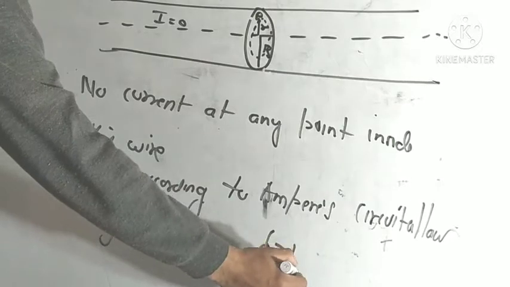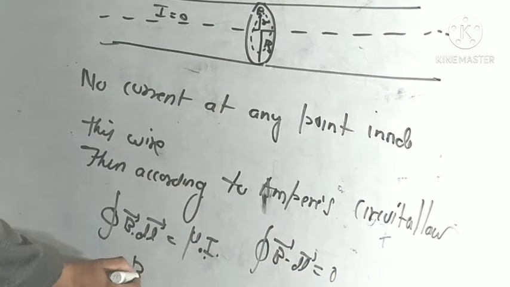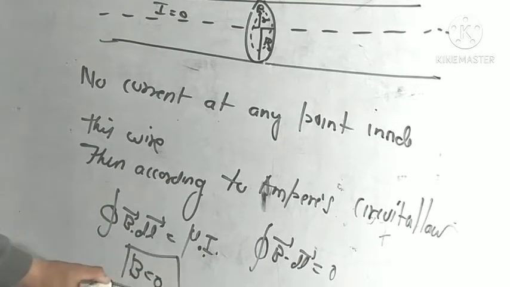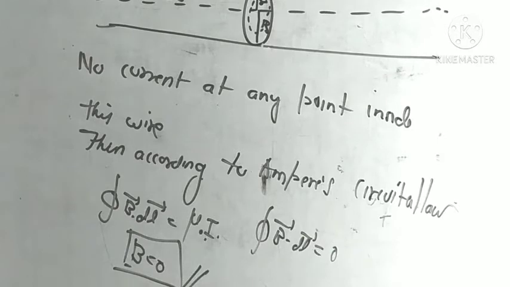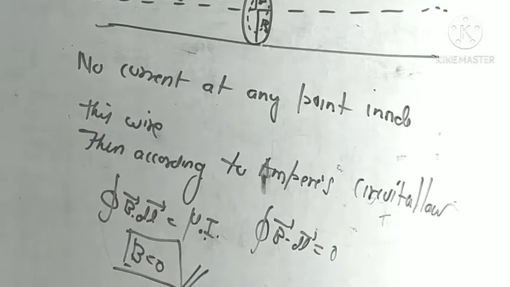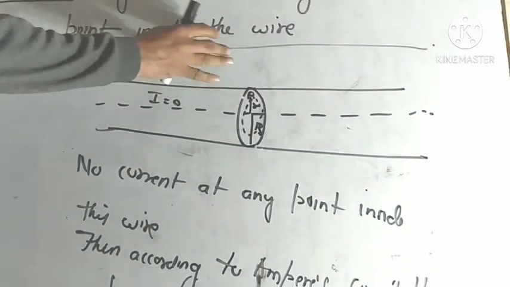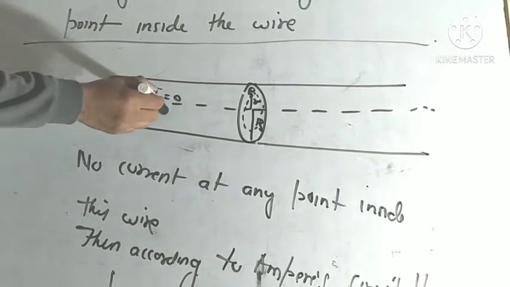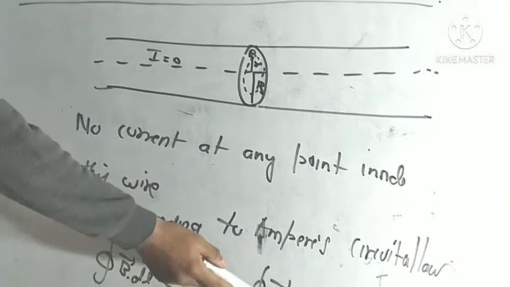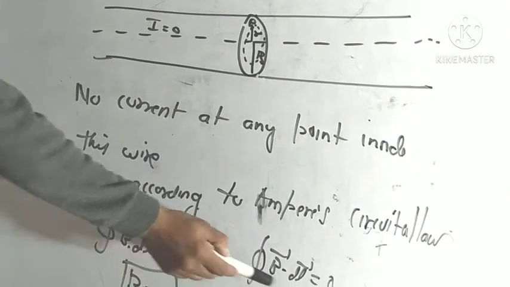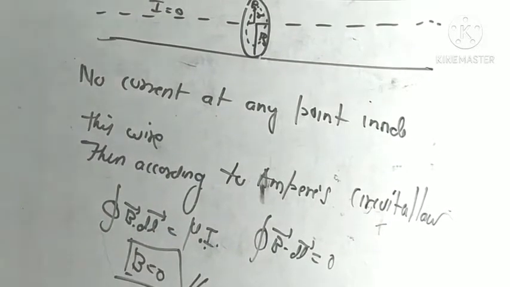So the integral of B dot dL is equal to 0. Finally, the magnetic field inside this conductor is 0, because all the current flows only through the surface of this wire and no current flows inside it. So the magnetic field at any point inside this hollow wire is 0.